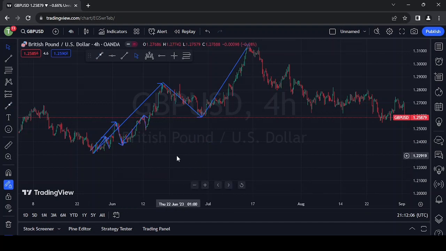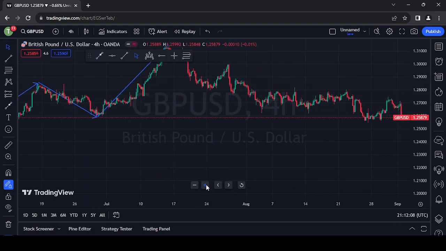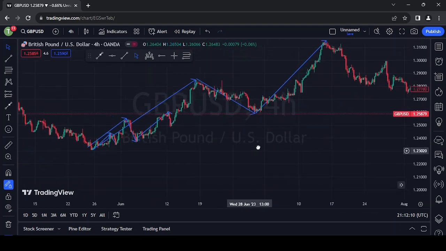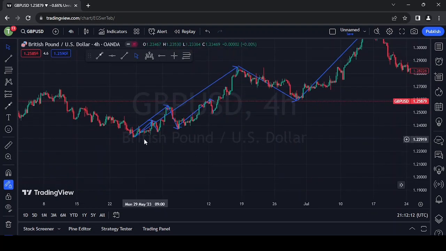Okay, it is better seen on lower time frame. All right, it is better seen on lower time frame. We can see this low, okay, you can see this came back, broke structure, came back, broke structure, came back, broke structure, okay, then that is your what? Your substructure. All right, that is your substructure.